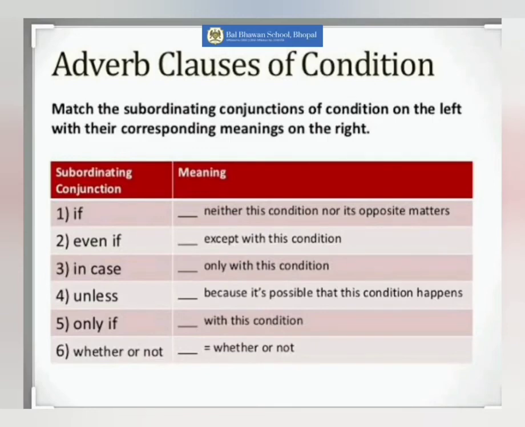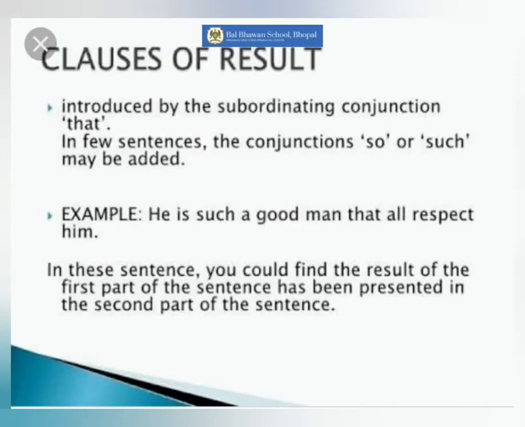The next one is the adverbial clause of result, effect, or consequence. An adverbial clause of result or consequence is used to say what happens or what may happen as a result of the action mentioned in the main clause.